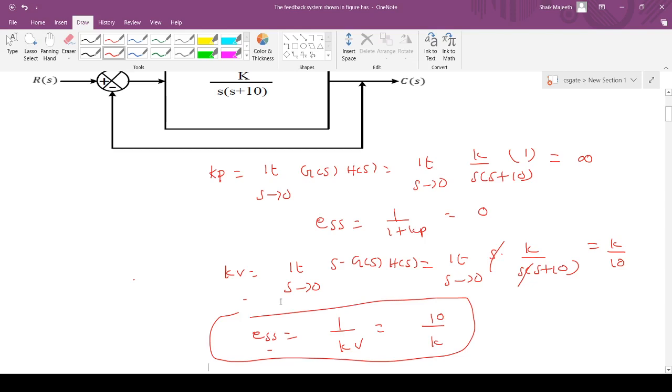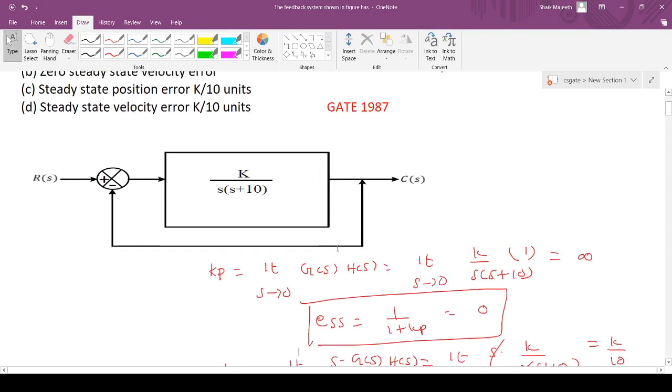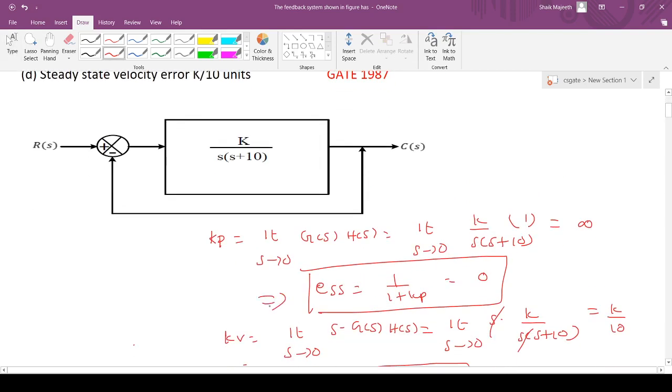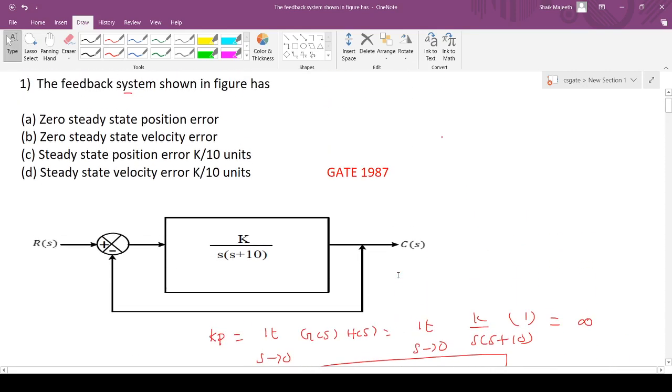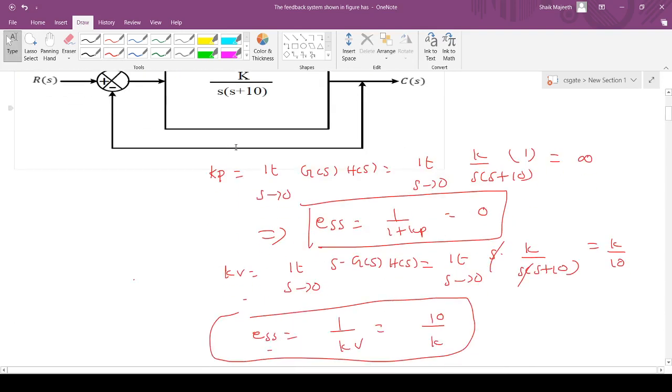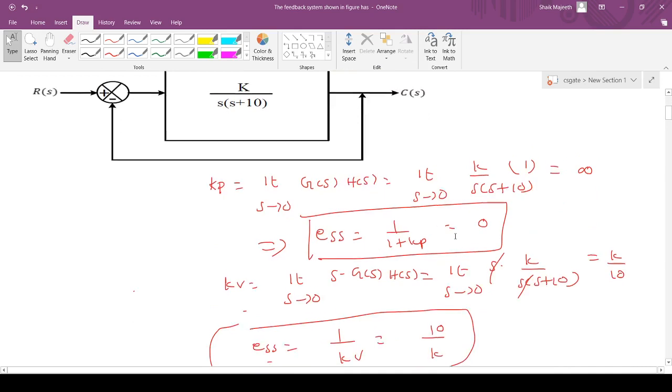So what are we understanding from this? Steady state position error is 0. That's what it indicates. Right? Velocity error is 10 by K. So we got 0 steady state position error, but velocity error is 10 by K, not K by 10.